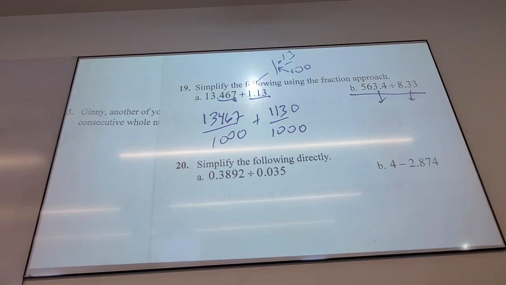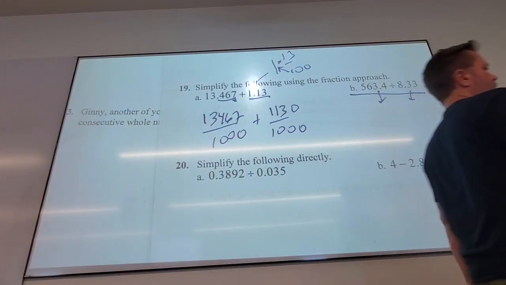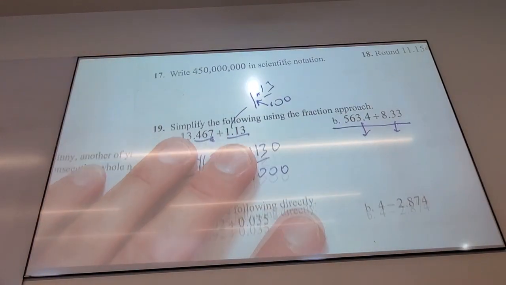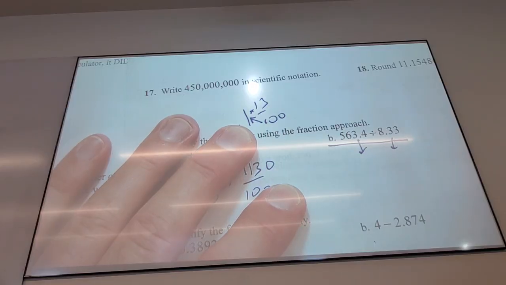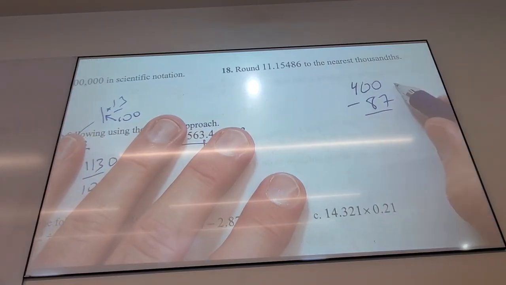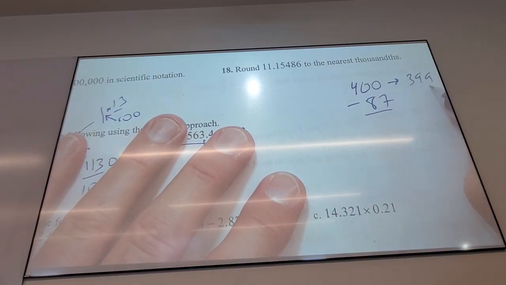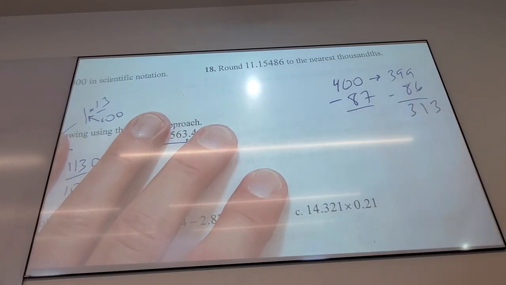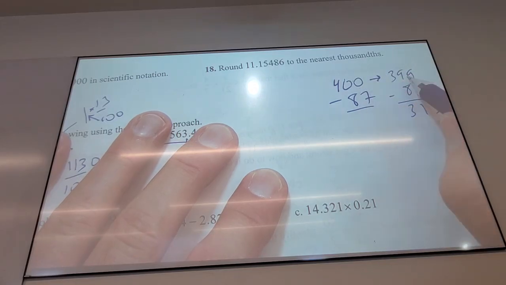Do you put a decimal in and zeros in all the other places? You guys remember how to do this? If I want to do this, I can make this go down by 1 and make this go down by 1, and then it's a lot easier to do. Equal additions: if I make that go down by 1 and I make that go down by 1, the difference is the same.